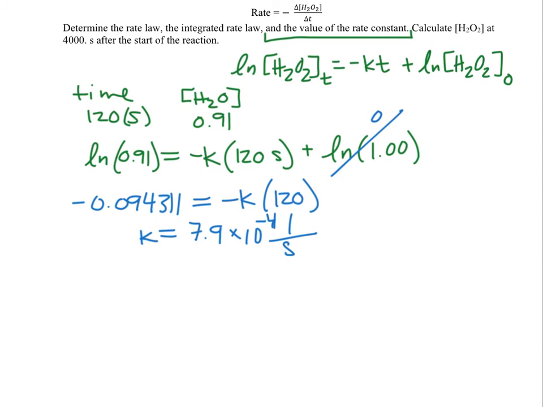The last question in this problem is asking us to calculate the concentration of the hydrogen peroxide at 4,000 seconds, which we can now do because we know the rate constant. So we will plug and chug.